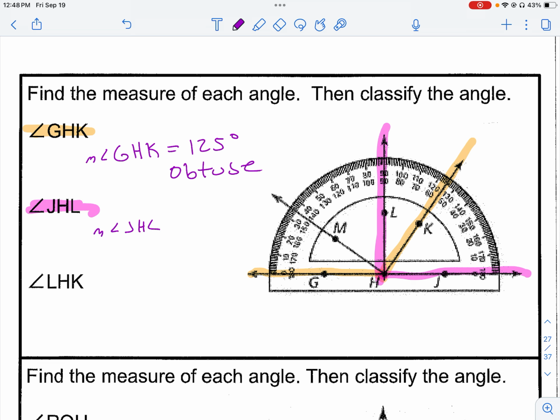We have angle LHK, right here. This one didn't start on 0 for us, so we have to do some adjusting. Here we're at 90, and here we're at 55.